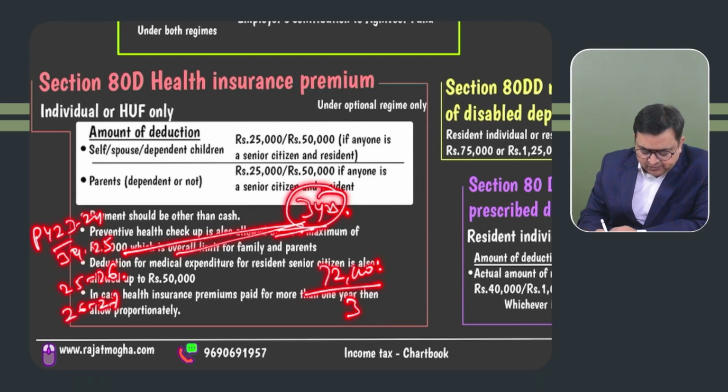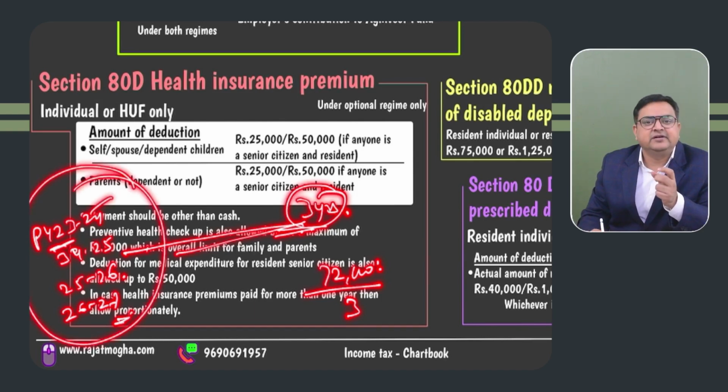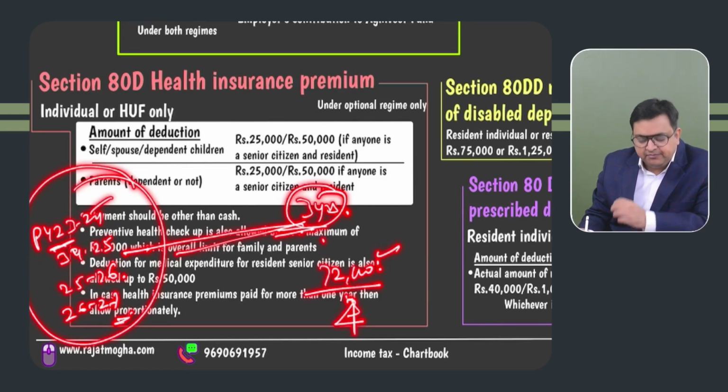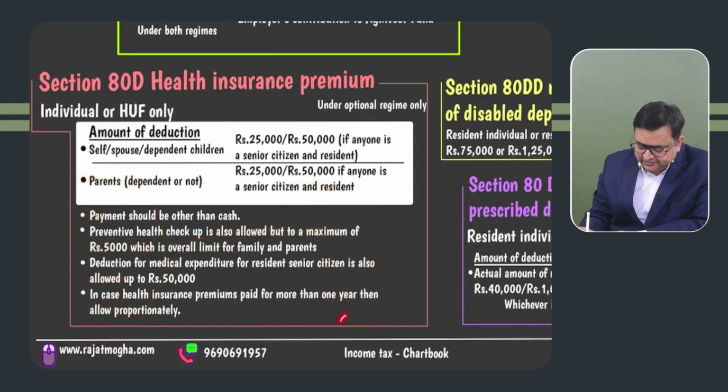Although it is 3 years, from here till here it is 3 years, but some of the portion is falling under these 2 years also. So we have to take the relevant previous years. So relevant previous years are 4 over here. So you have to divide whatever is the lump sum amount by 4, number of relevant previous years, right? So in this previous year, you will get 72,000 divided by 4, that is 18,000 deduction. Got it? So this is how you have to do.